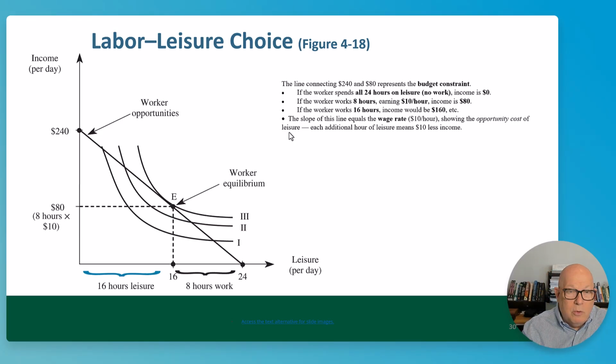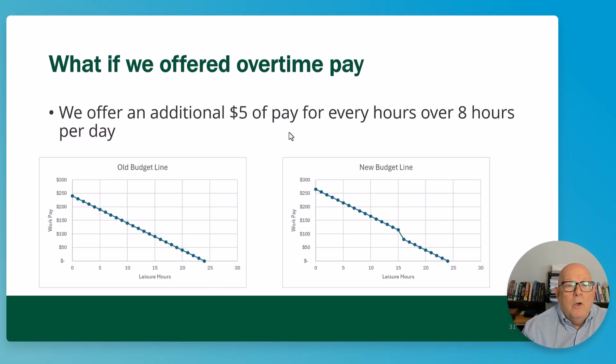So let's say we do a typical arrangement, which is we're going to offer overtime pay. So we're going to offer an additional $5 of pay for every hour over 8 hours per day. So this is our old budget line. It goes from $240 if we work 24 hours down to zero if we have leisure for 24 hours.